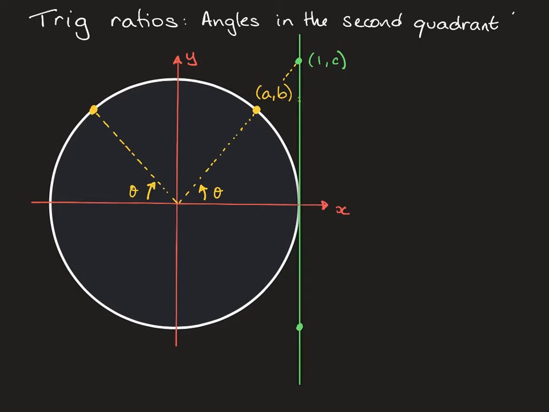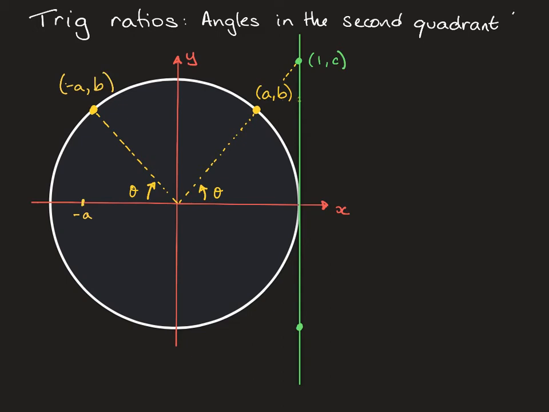The x and y coordinates for this point over here are negative a, because it sits over this section here, so minus a, and positive b.